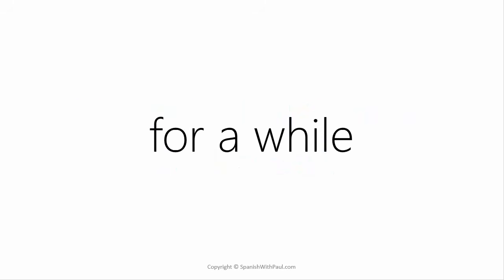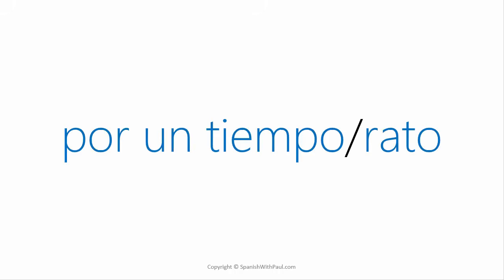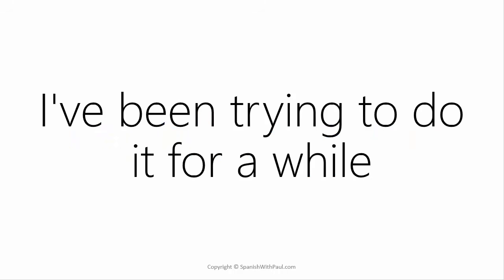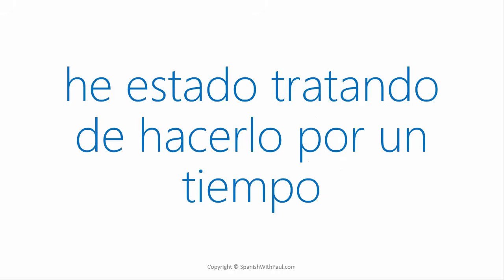The expression for a while, you can say in Spanish either por un tiempo or por un rato. Either way, tiempo or rato. Let's stick with tiempo. So, por un tiempo. How would you say, I've been trying to do it for a while? He estado tratando de hacerlo por un tiempo.